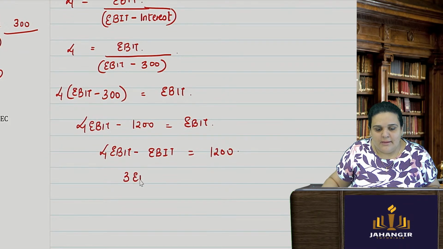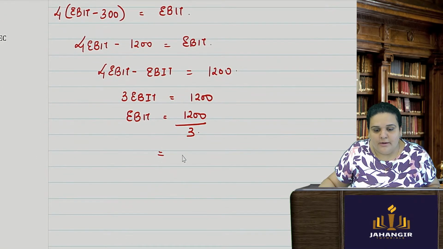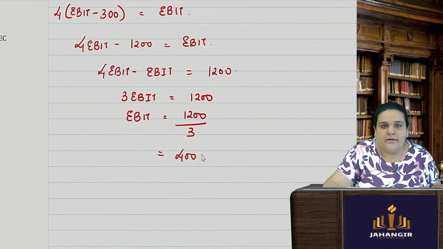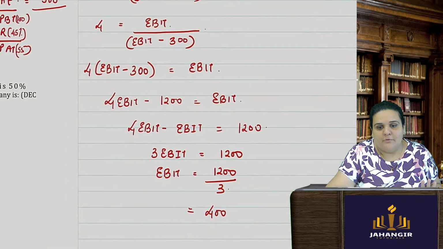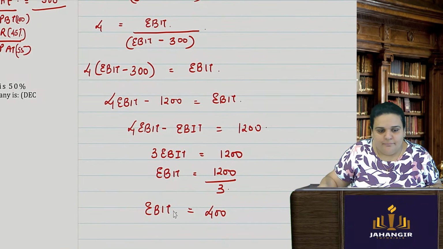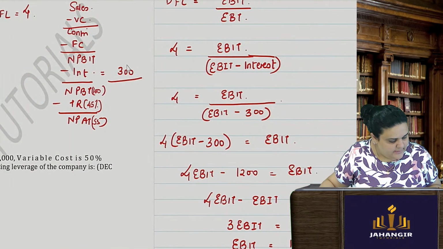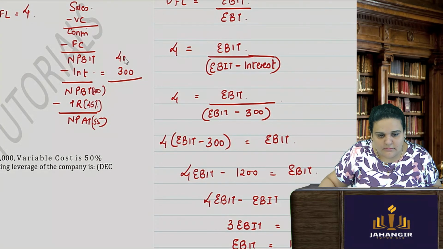So 3 EBIT is equal to 1200. EBIT will be equal to 1200 divided by 3. So now this is going to become 400. That means 400 lakhs. So I got one more variable, EBIT. Now I have it, so I can put it over here. EBIT is 400 lakhs.